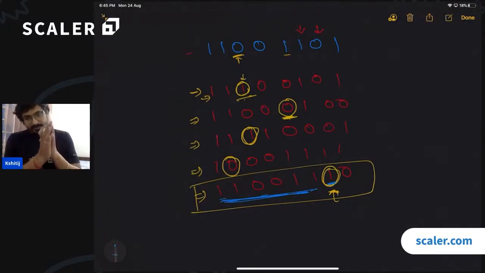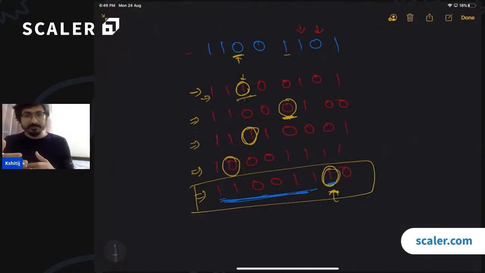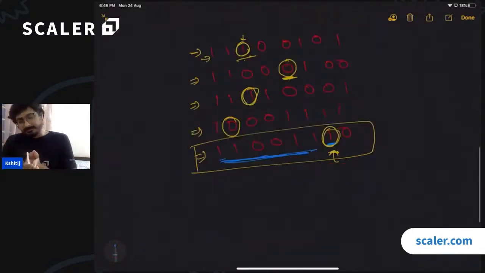So the closer the numbers, the more chances we have of similarities in the bits, right? The closer the numbers, the farther we'll find the different bit, correct?